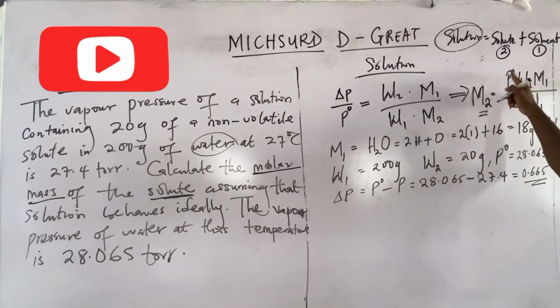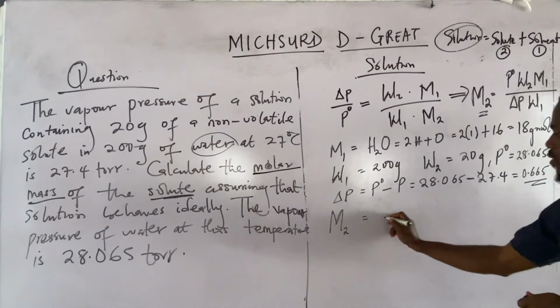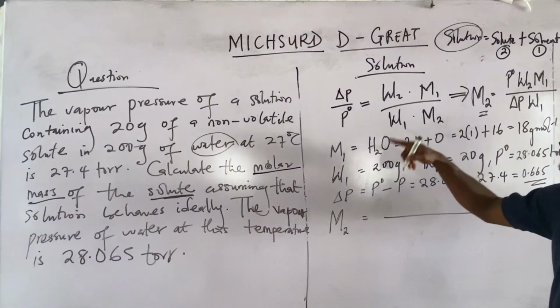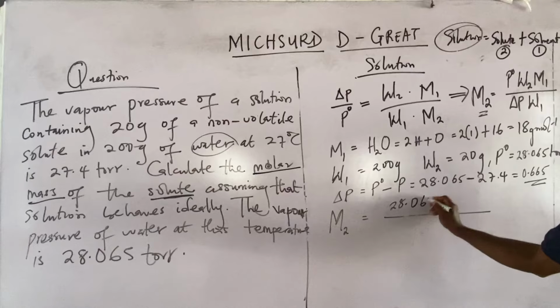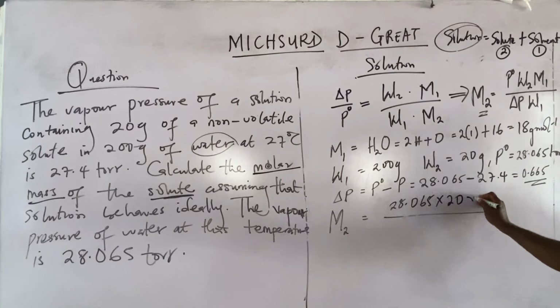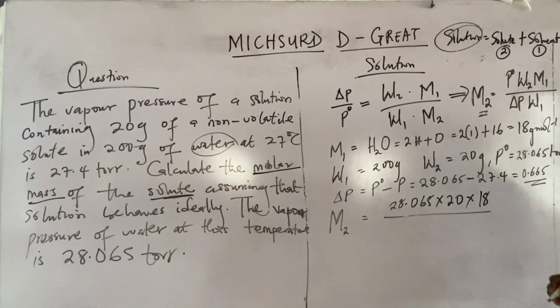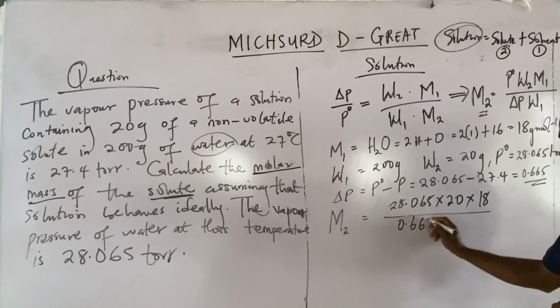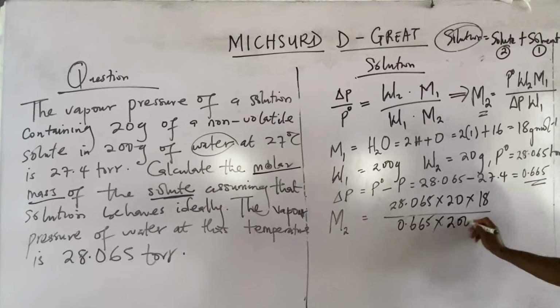Now we go back to the formula for M2. We already made M2 the subject, so we have this. P naught is 28.065, times W2, which is 20 grams, times M1, which is 18 grams per mole, over change in P, which we calculated as 0.665, times W1, which is 200.